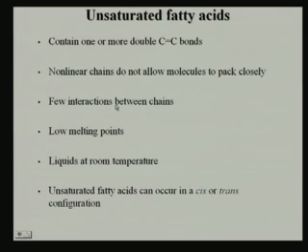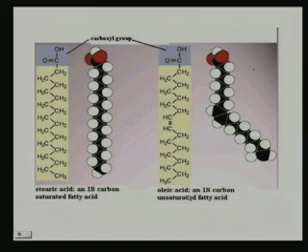Few interactions are there between the chains, and that is the reason it has a low melting point, liquid at room temperature, and unsaturated fatty acid can occur in a cis or the trans configuration.